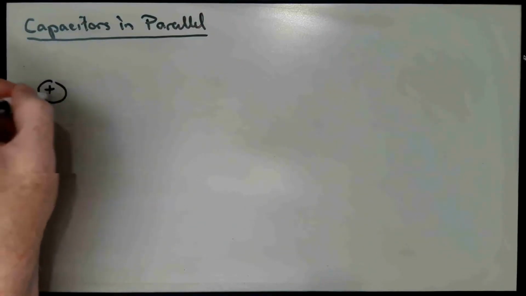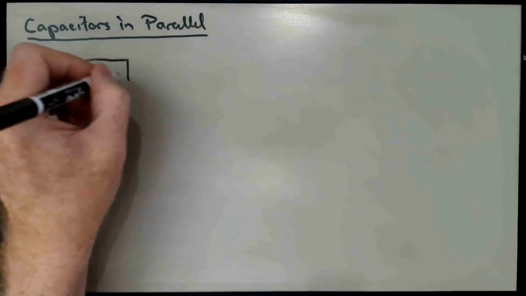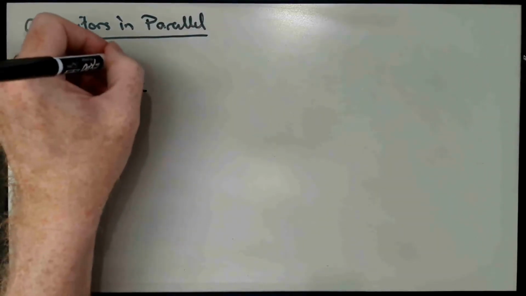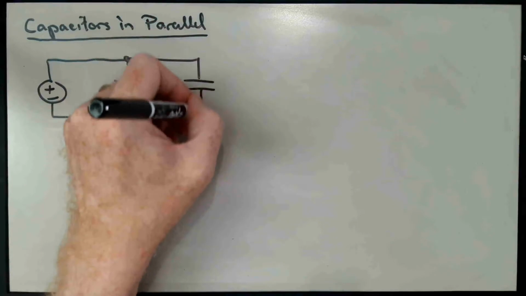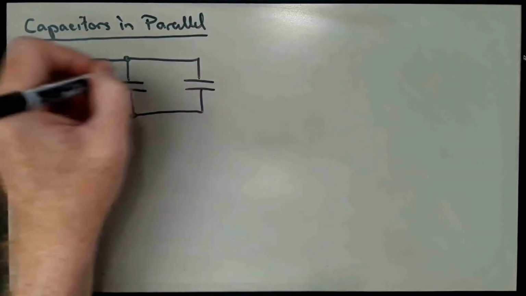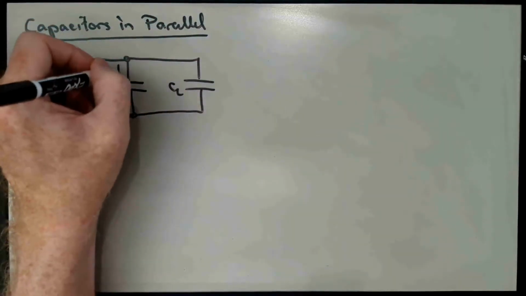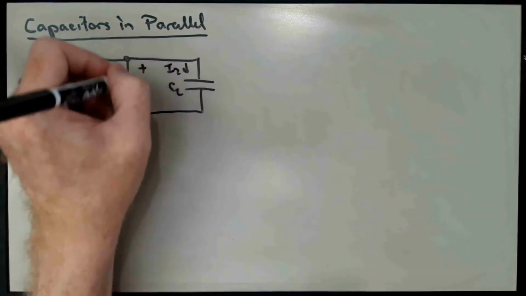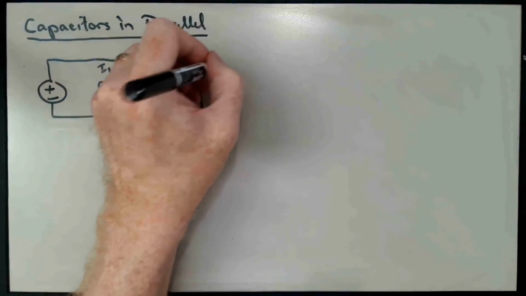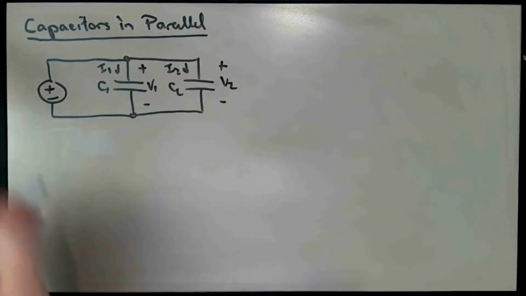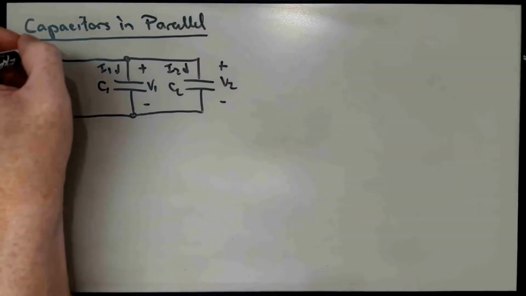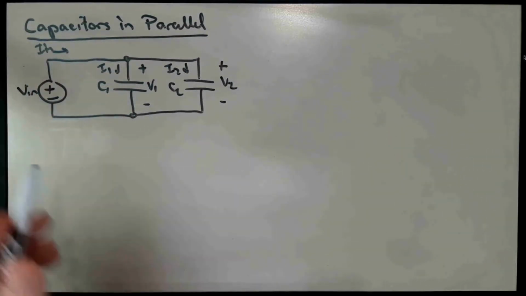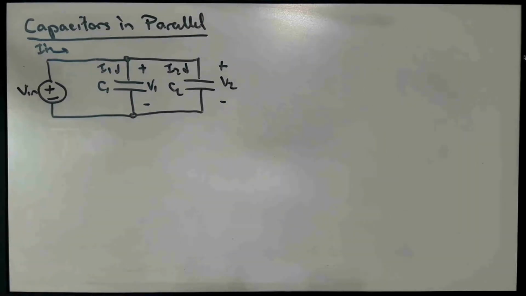We've got a voltage source here, let's say, that's applying a voltage to two capacitors that are connected now in parallel with each other. And again, we want to find a relationship between In and Vn.